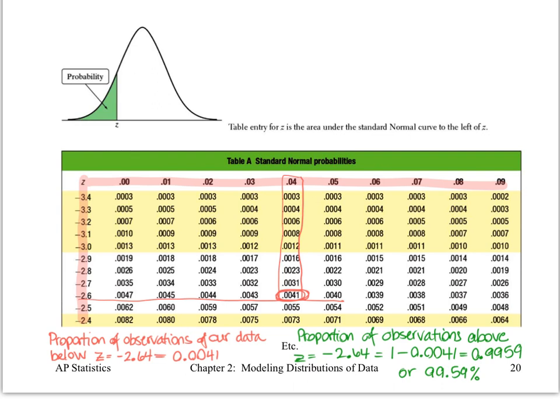We have 2 pages to it. There's a left-hand side and a right-hand side. The left-hand side is the negative side, from negative infinity to the mean of z equals 0, and the other side is from 0 to positive infinity.